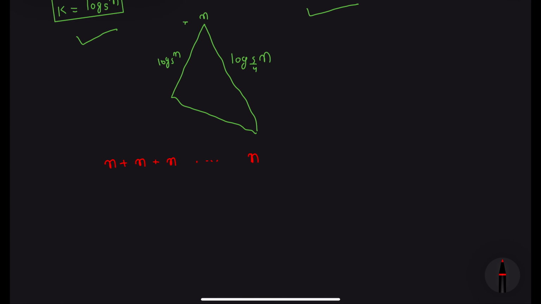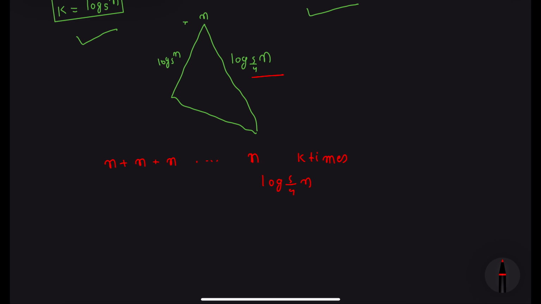We will perform the addition k times, and the value of k here is log base 5/4 of n. Here you can see the larger depth is log base 5/4 of n, so it will run log base 5/4 of n times.